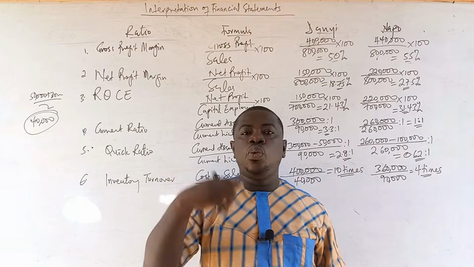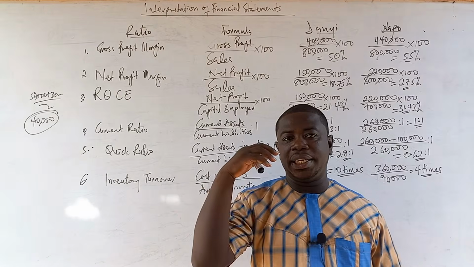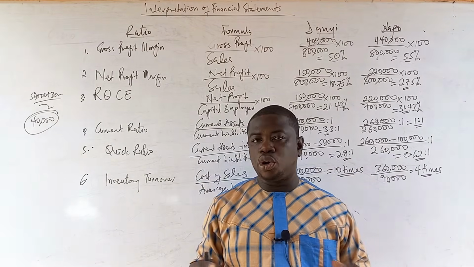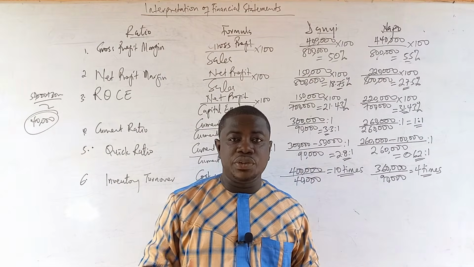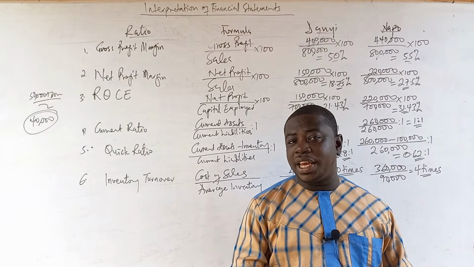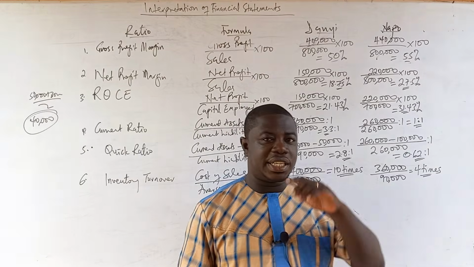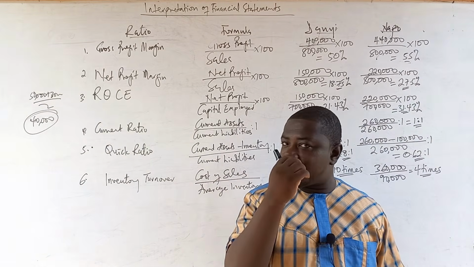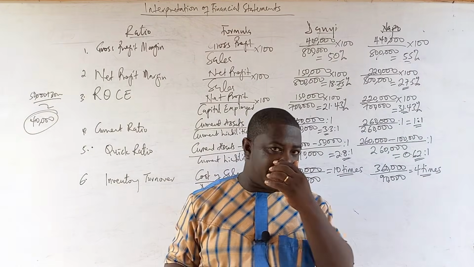And I'm going to show you the kind of comments you must make in your report, and then the outline of the report and what to do and what not to do, so that your report is going to be a report that is rich enough to earn you the marks that you deserve to pass. Okay. So this will bring us to the end of the part 3 of our lesson on this interpretation of financial statements. Now, in the part 4, we are going to talk about advanced financial statement analysis, where we are going to look at how to write the report.